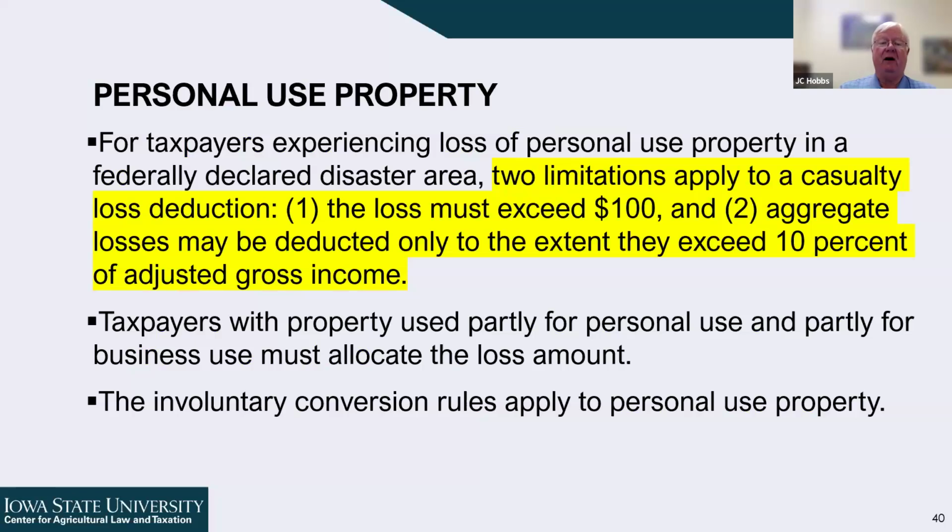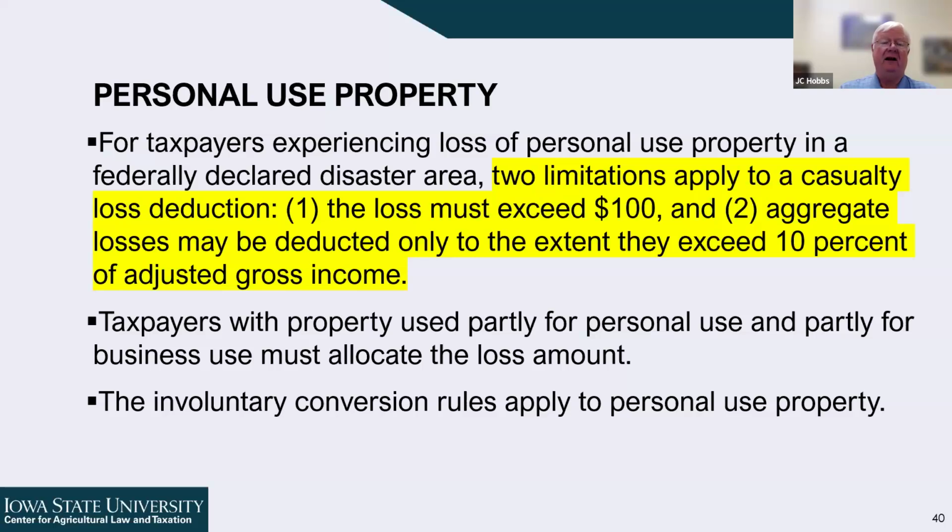For the loss of personal property in a federally declared disaster area, you've got two limitations. This comes back to being able to take it against our adjusted gross income as a loss. We have to look at each loss. The loss must exceed $100 in order to be deductible.